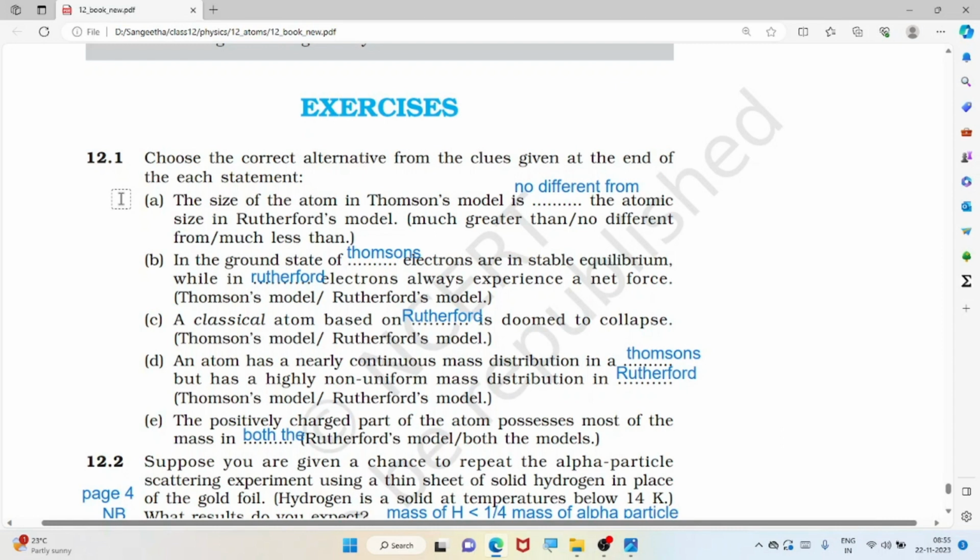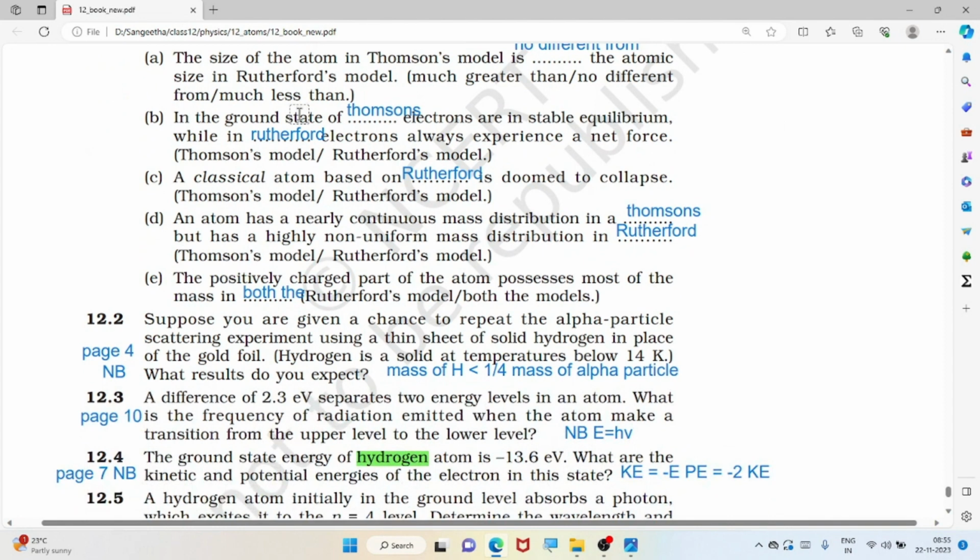They differ only in terms of how the nucleus and electrons are distributed. So this is no different. They are talking about the size of the atom as a whole.